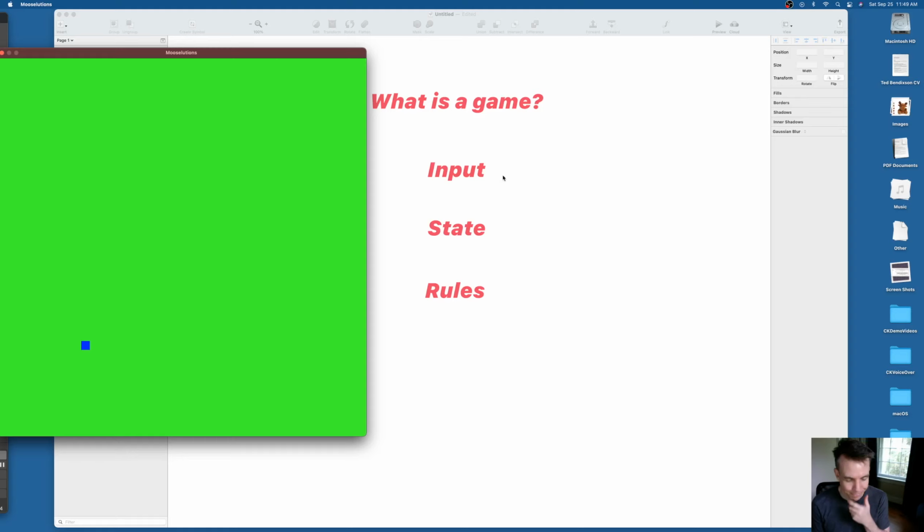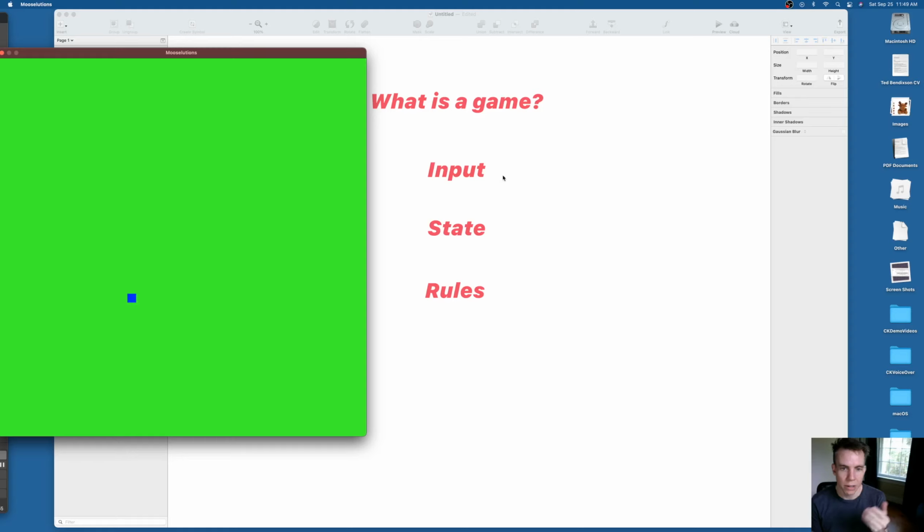And then that gives us the beginnings of what a game is, because then we'll have all three of those things. We'll have input, some kind of state update or state manipulation, and then some rules that the update has to follow, and then ultimately at the very end we're going to render.